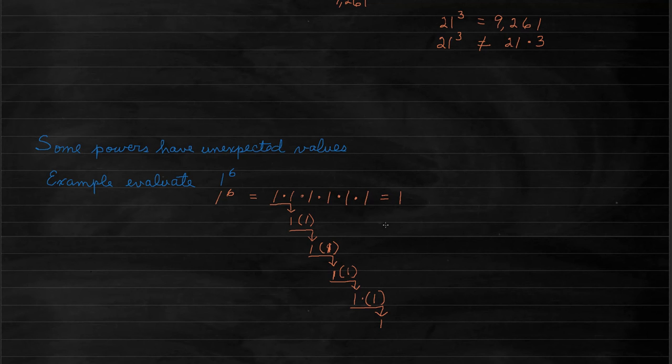That's because any time we multiply any number, say A, times 1, we get back the same A. So if A is just a 1, then 1 times 1 would also be a 1. But if A is a 2, then 2 times 1 would be 2. 3 times 1 will be 3, and so on. So let's see, what would 1 raised to the 10th power be?